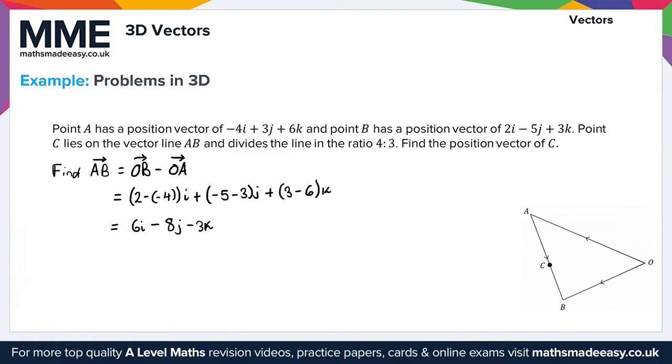Now, like we just said, C divides the vector AB in the ratio 4 to 3. So, as we mentioned, AC is 4/7 of the vector AB. We can work out the vector AC by doing 4/7 of the vector AB. So that's going to be 4/7 of this vector here.